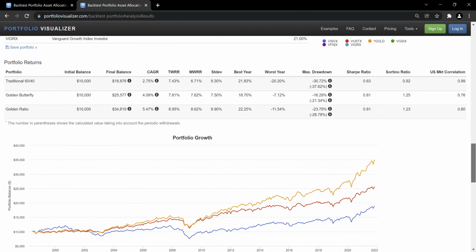And you can see they all survived, but that the traditional 60/40 portfolio really is struggling, that its final balance is 18,000 compared with 25 for the golden butterfly and 34 for the golden ratio. So when you're drawing down on these things, you can see how much better the risk parity style portfolios are.